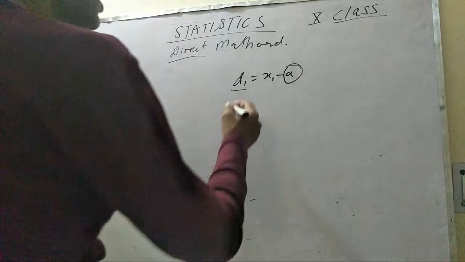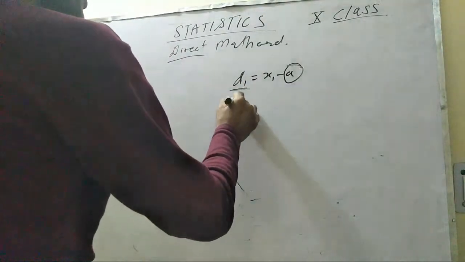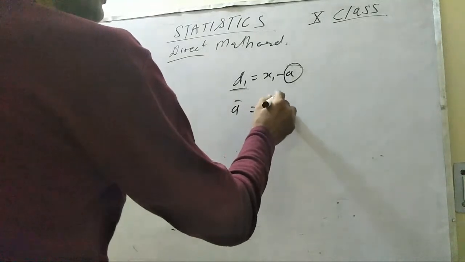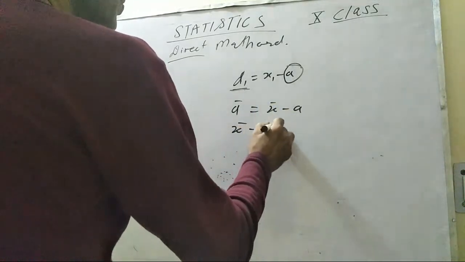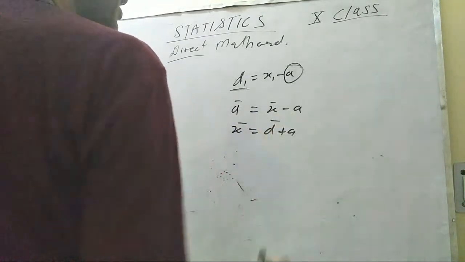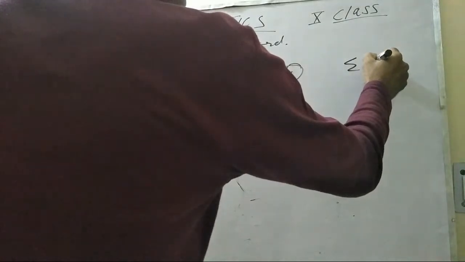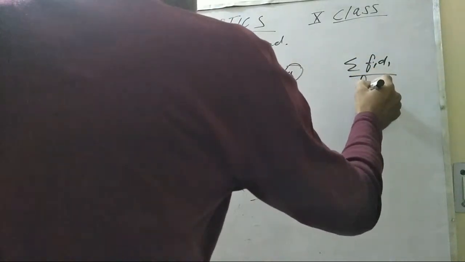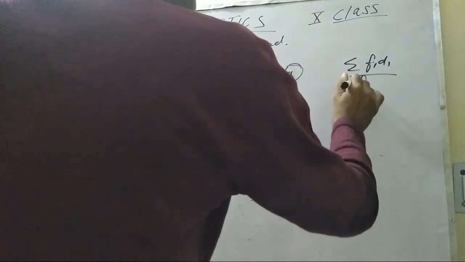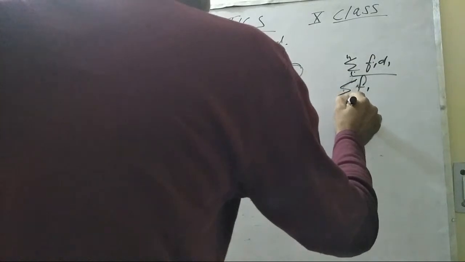इसमें हमने क्या किया भाई, mean हमने assume कर लिया. This is d1 is equal to x1 minus a, and mean is equal to d plus a, and d is equal to sigma f1 into d1 divided by sigma f1. ये i से n, i1 से लेकर n तक है, ये सिग्मा है.